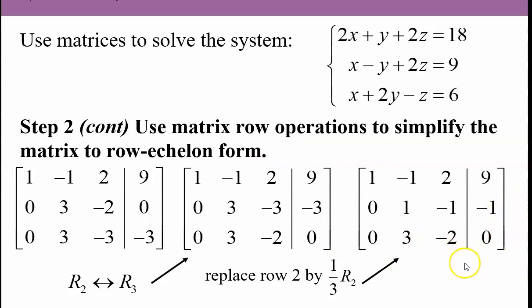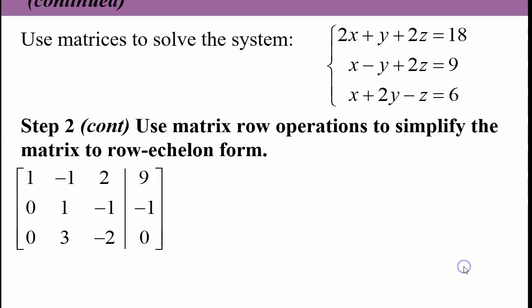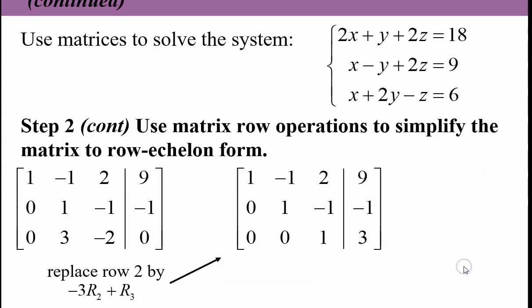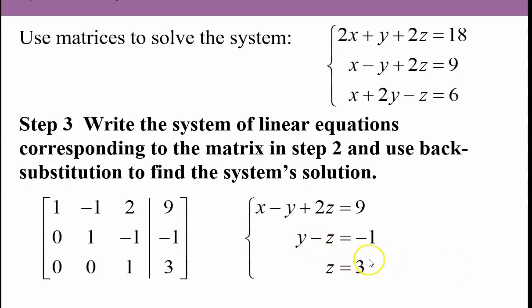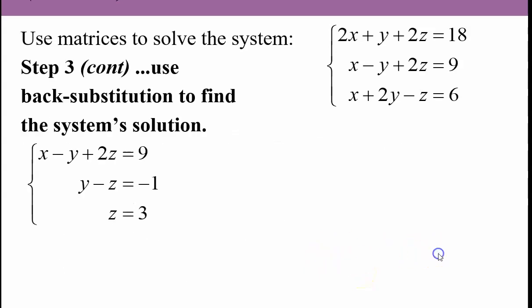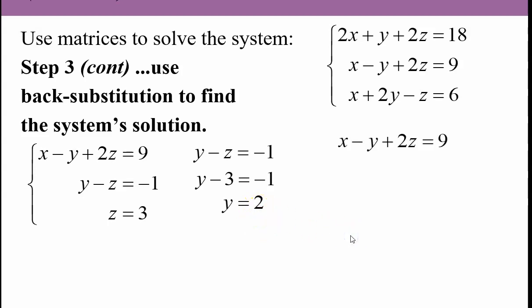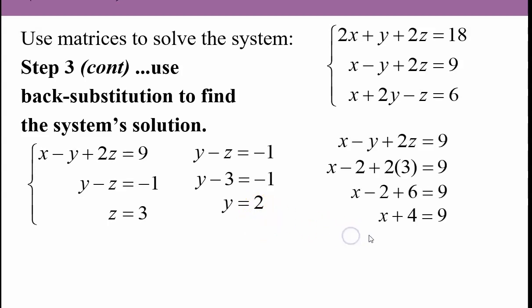Clear this up. We did that. Now again, we write it in linear equations. And that's what we've done. Now we have a value for z that we're going to substitute there. And when we do that, our y is 2, and our x is 5.